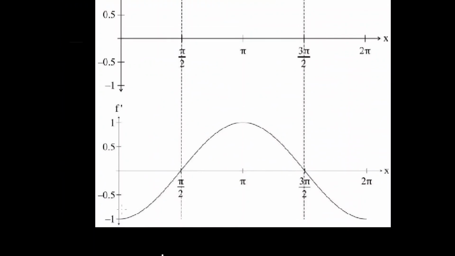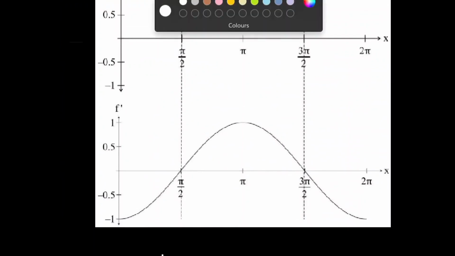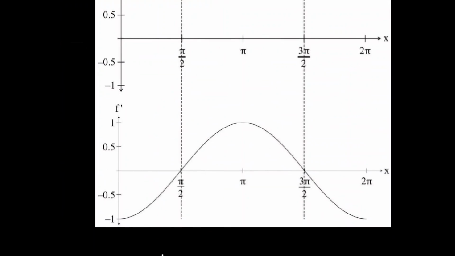So this one, we start off, right? We start off with a gradient that's equal to 0. So at some point here, right, we're given that it's a gradient of 0, which means it's also going to be, oh, sorry, it's not a gradient of 0, it's a negative gradient.